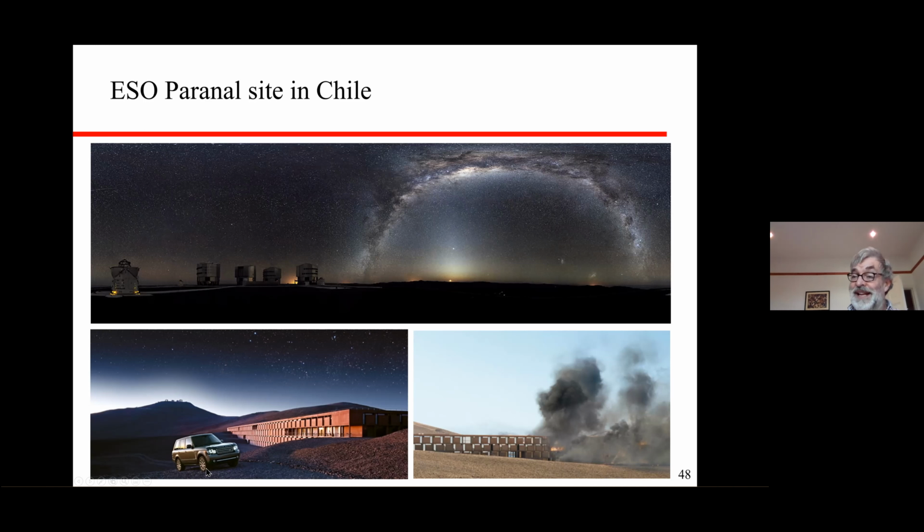So sexy that Land Rover actually used it for some of their adverts. And also, you may recognize this. This is actually this hotel being blown up, in inverted commas, in a James Bond film. So if anybody knows which film that is, they get a gold star.